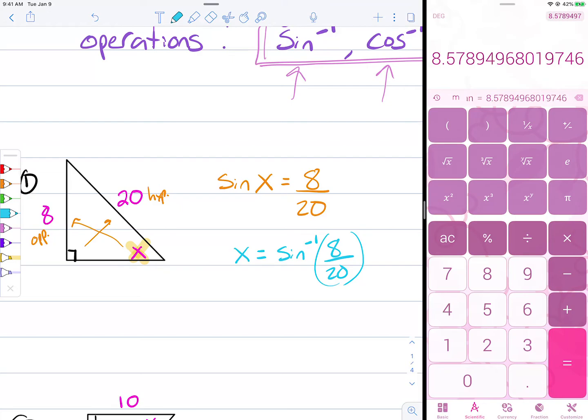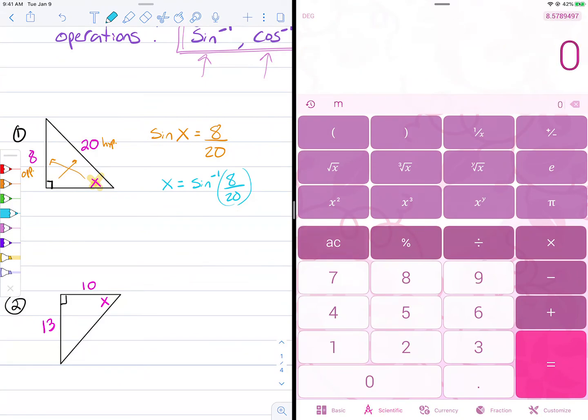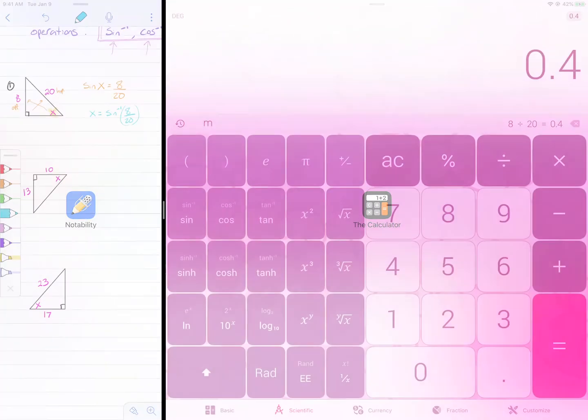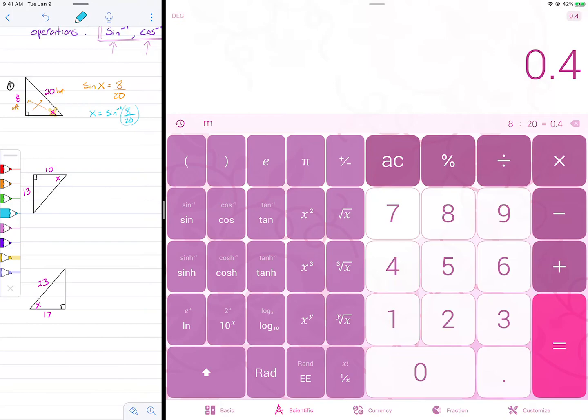The way that you're going to put that into your calculator is, if you have an actual physical calculator, like a TI something, you're probably going to hit your arc sine and then put in 8 over 20. If you have any other calculator, such as an Apple device, you're going to go 8 divided by 20, hit the equal sign, and then click the sine to the -1 button.